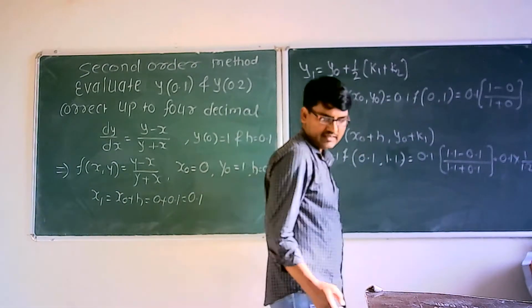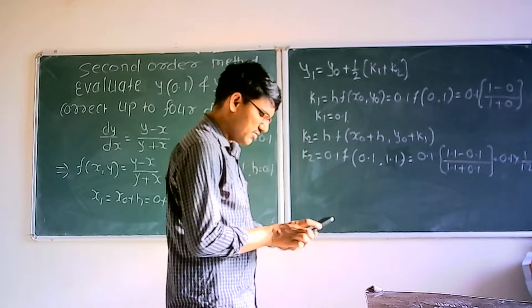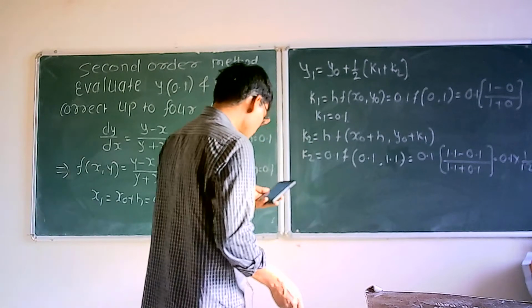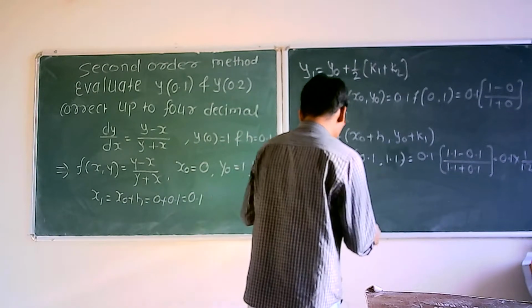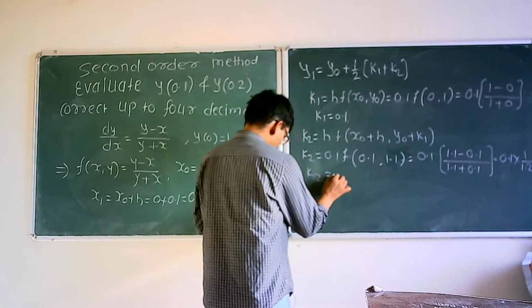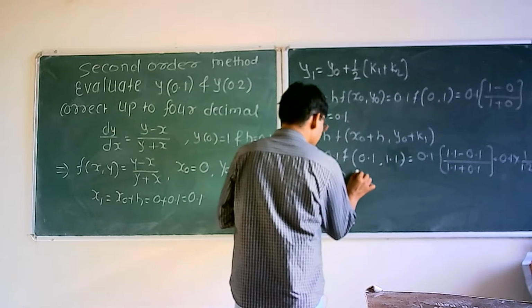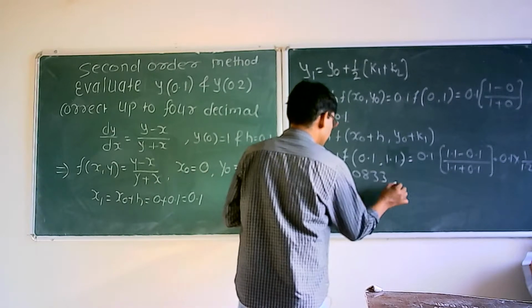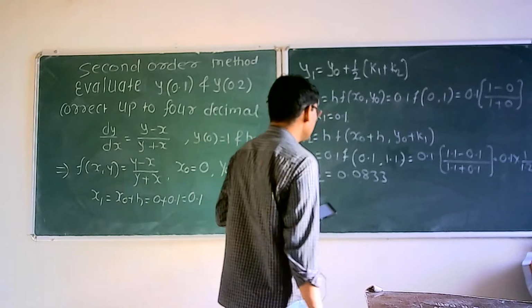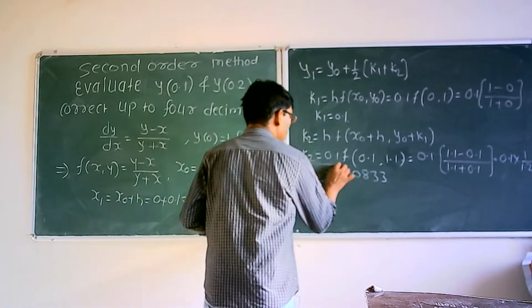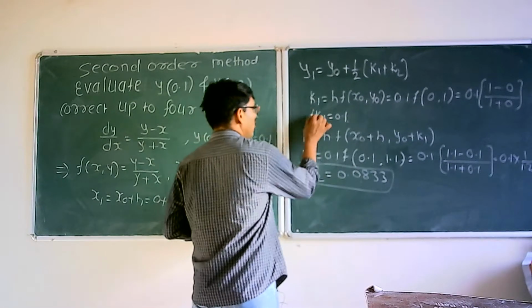If you evaluate this, you will get 0.0833. So K2 is equal to 0.0833. Since we want the answer correct up to 4 decimal places, this is the value of K2, and here is the value of K1.